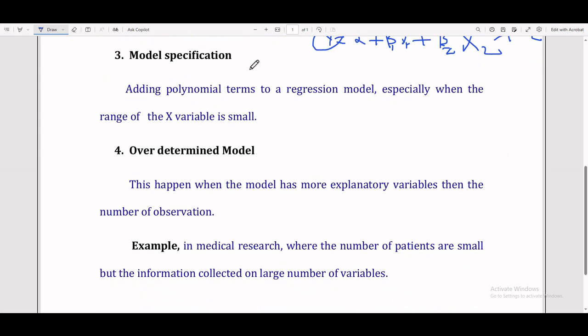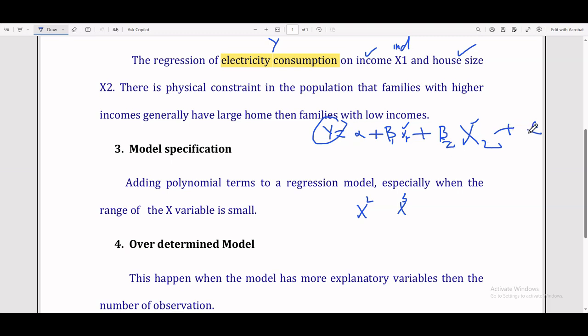Third is model specification. Adding polynomial terms to a regression model. What is a polynomial term? x2, x3 with higher power. So if we add in this model a third variable x3 with a power of 4, we add polynomial terms in a regression model.